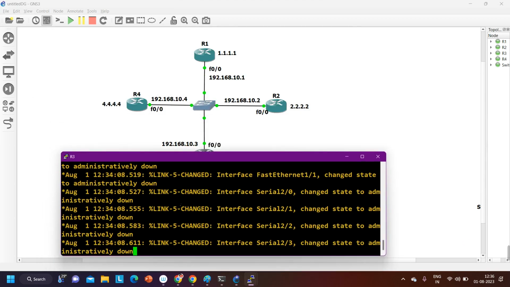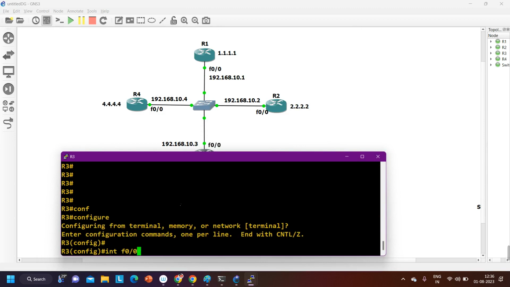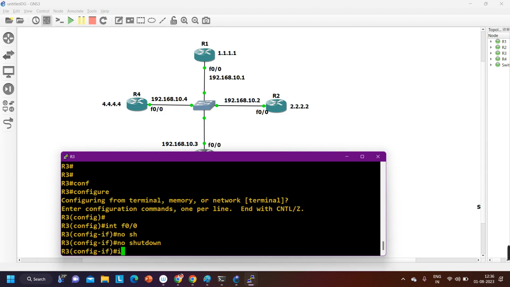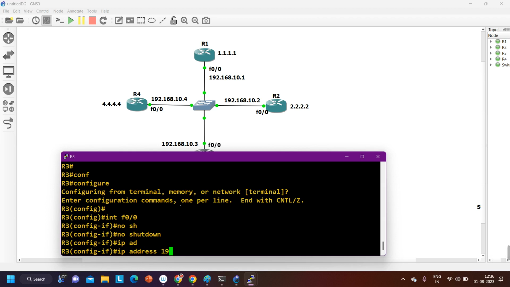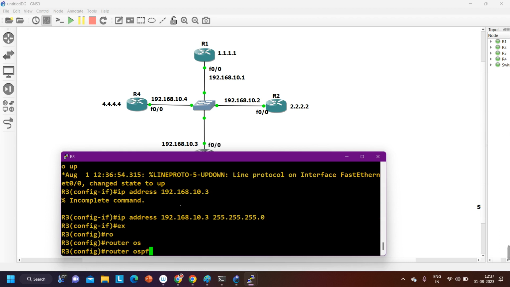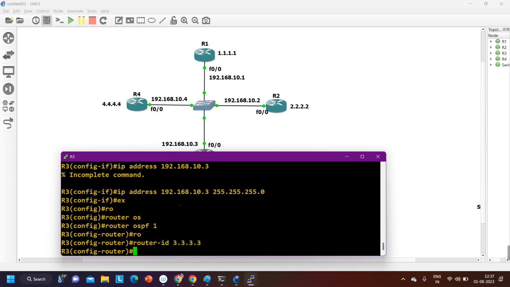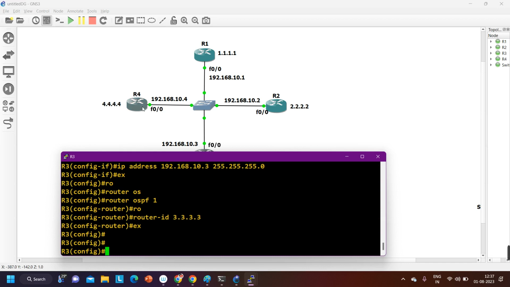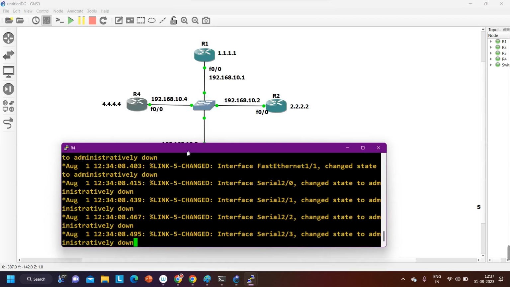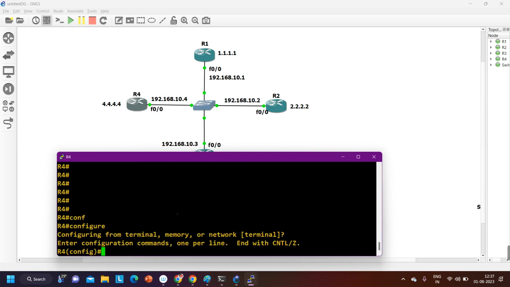On router number 3, I have not enabled OSPF on the interface.